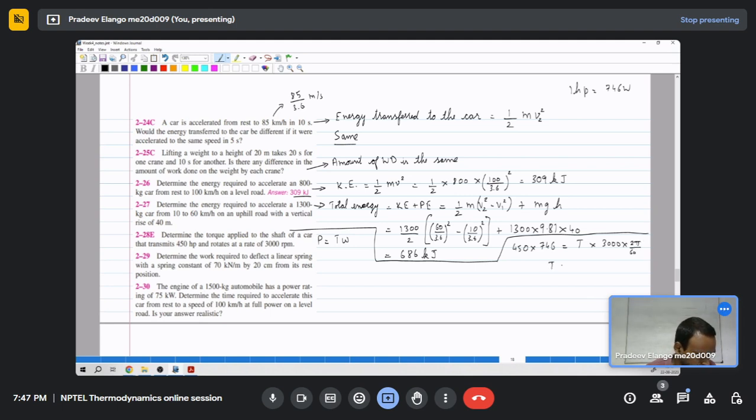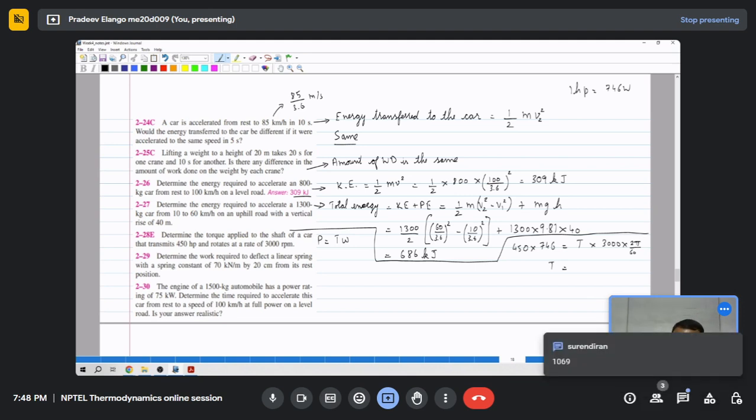So the value of torque can be calculated. It is 1069 Newton meter.